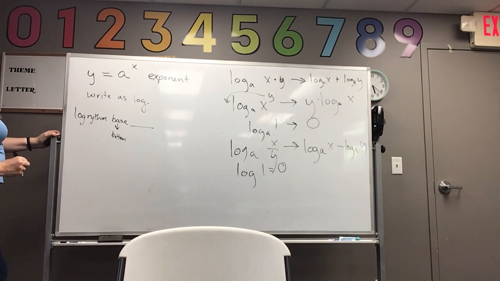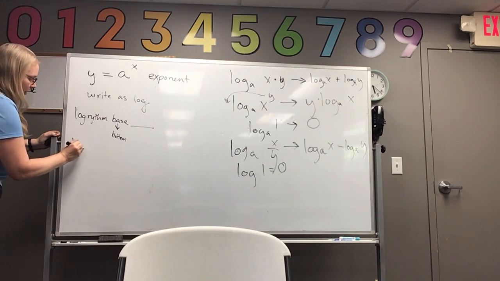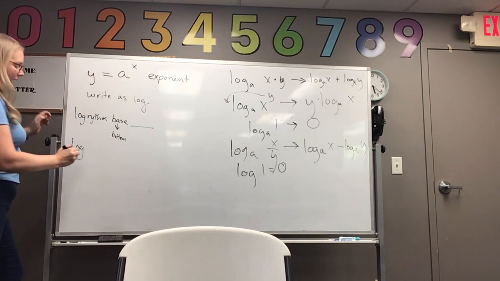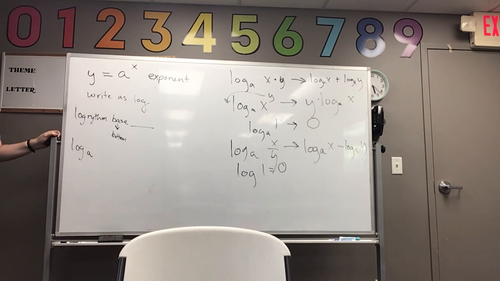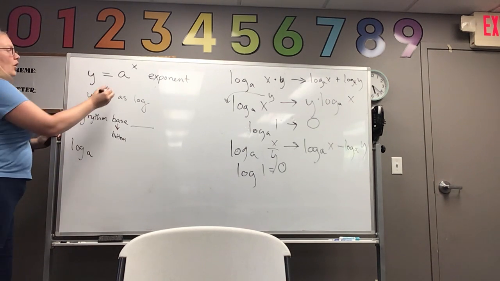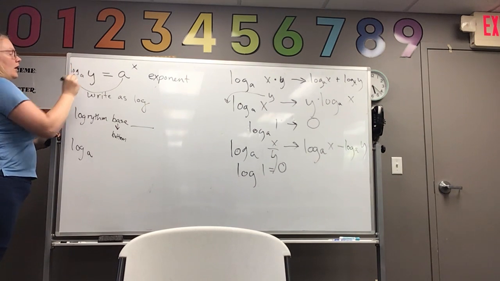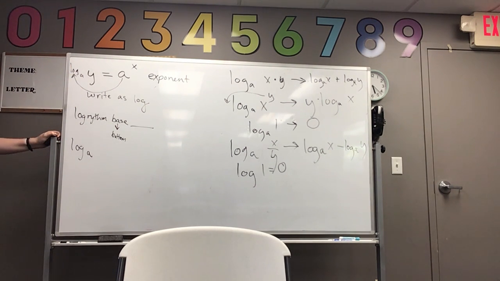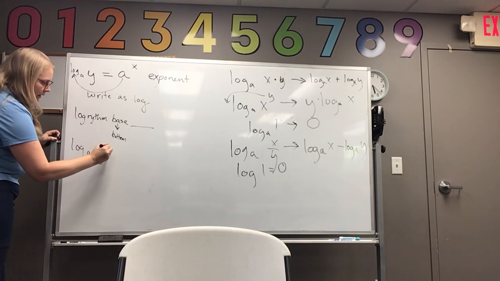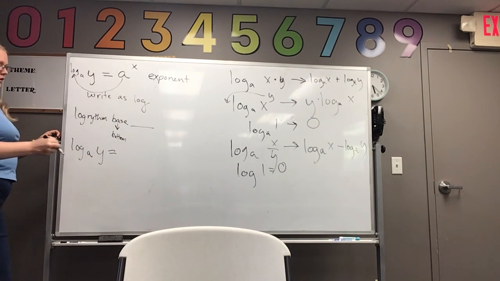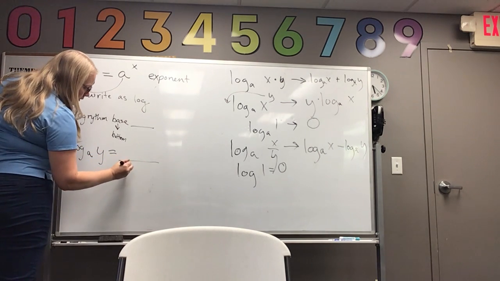And so we would read this as logarithm base a. And it's always going to come in front of the answer. So it's the log base a of y equals the original exponent.